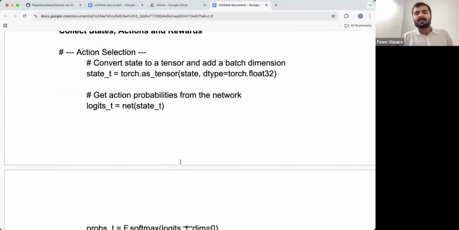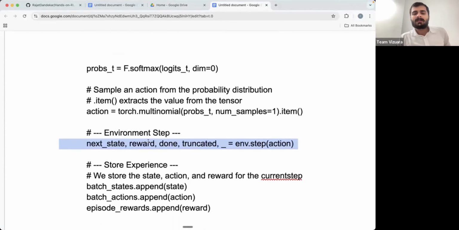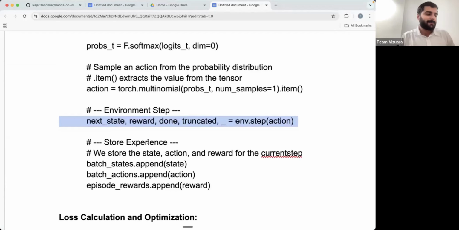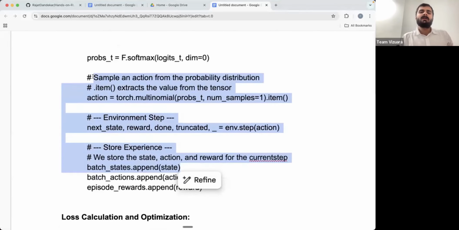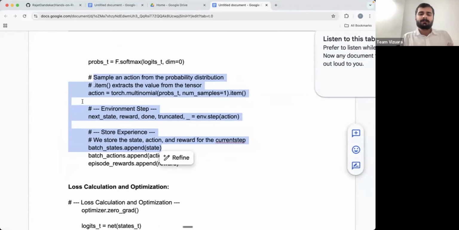So this is done multiple times in the loop so that you can simulate an entire trajectory. And there are multiple trajectories like these which are simulated, which you will find once I share the code file with you. But this logic is the most important because if you understand what is happening for one single state, you can understand what is happening for the entire episode, and then for multiple trajectories. So this is the main logic which we are implementing.